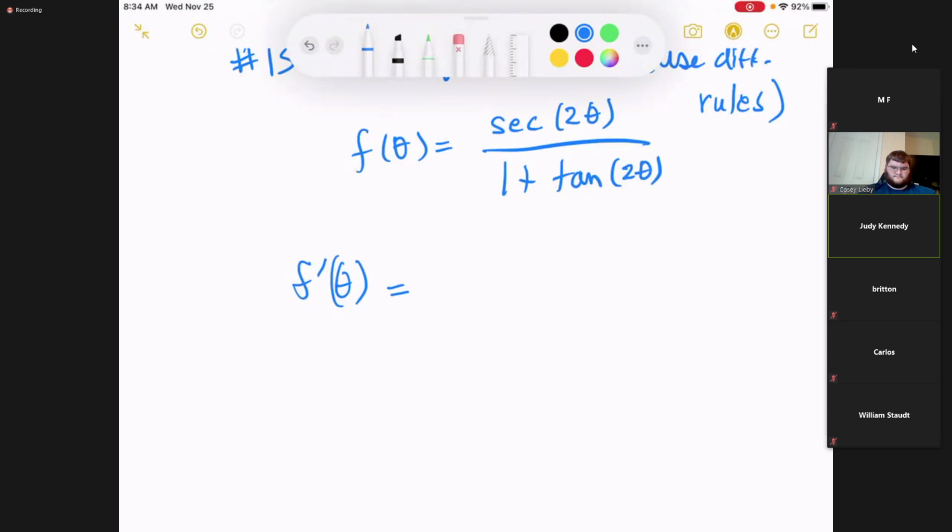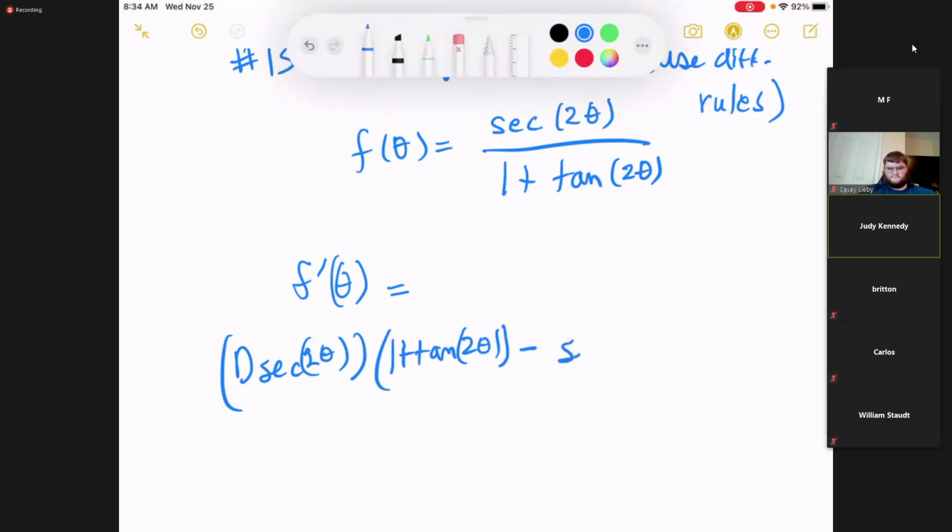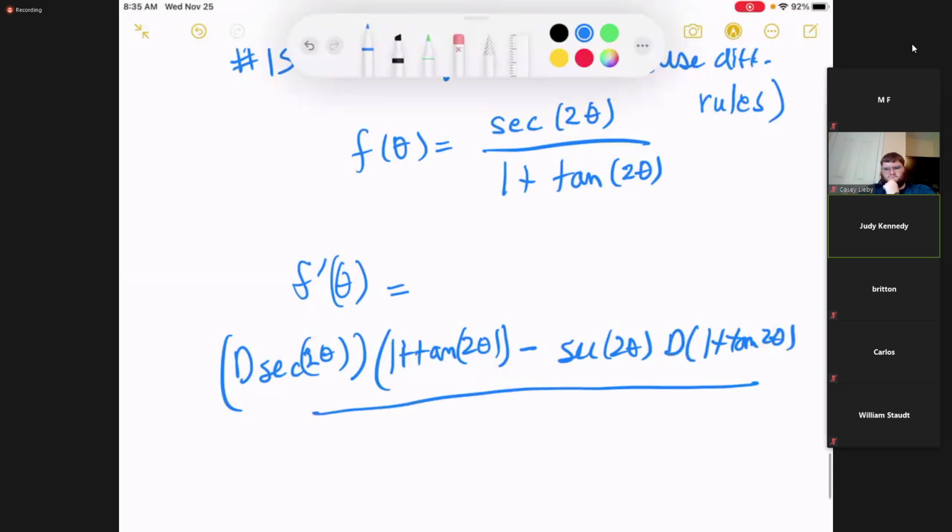Okay, so the derivative of the numerator multiplied by the denominator minus the numerator times the derivative of the denominator over the denominator squared. That's just the quotient rule.